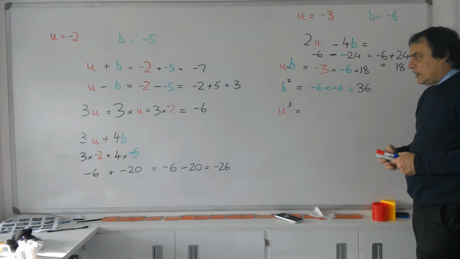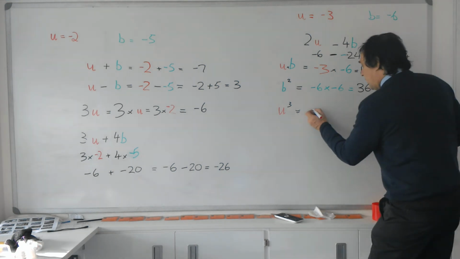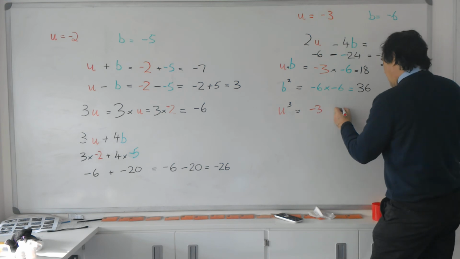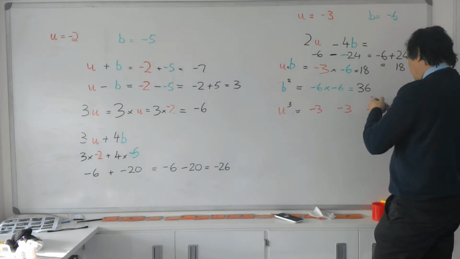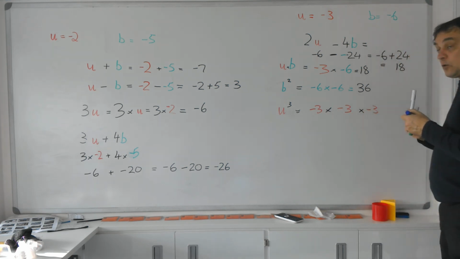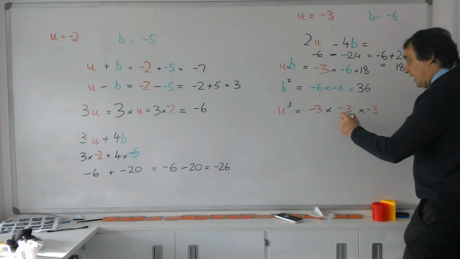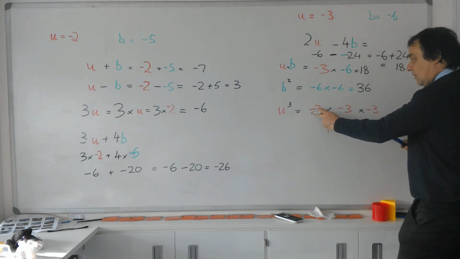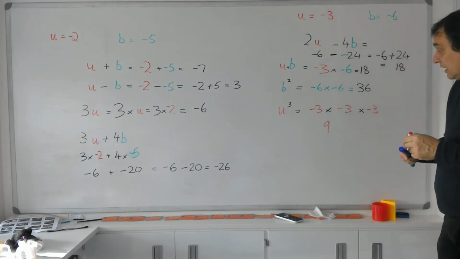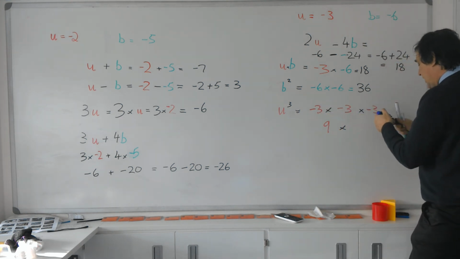But looking at this one, u cubed. In other words, I'm going to have -3 times -3 times -3. Now look what happens here. -3 times -3 gives us 9, because the two minuses make a plus, so the two minuses disappear here. Times by, we've still got this -3 to deal with.